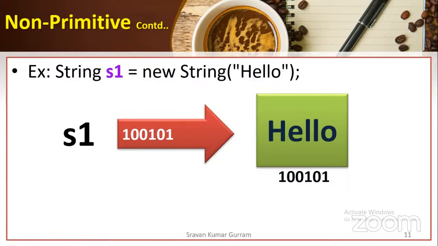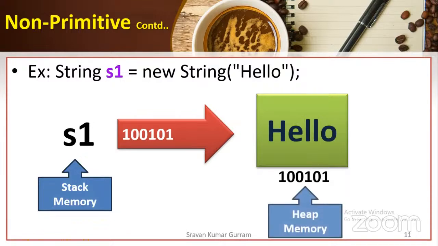This is the major difference. And here the object S1 is stored in the stack memory, and the actual value is stored in the heap memory. This variable is stored in the stack memory and the actual value is available in the heap memory, and from the stack it points to the memory location.